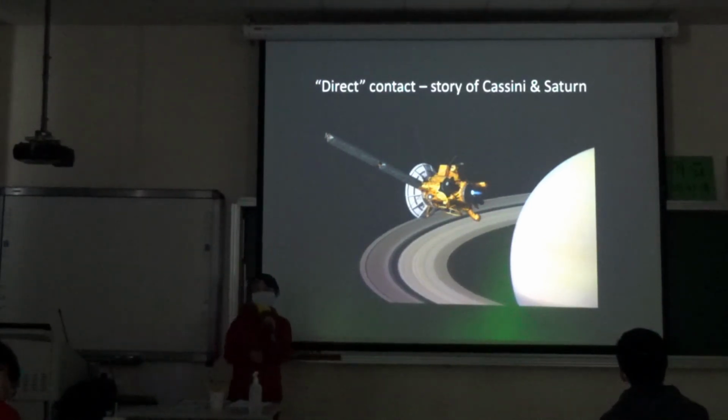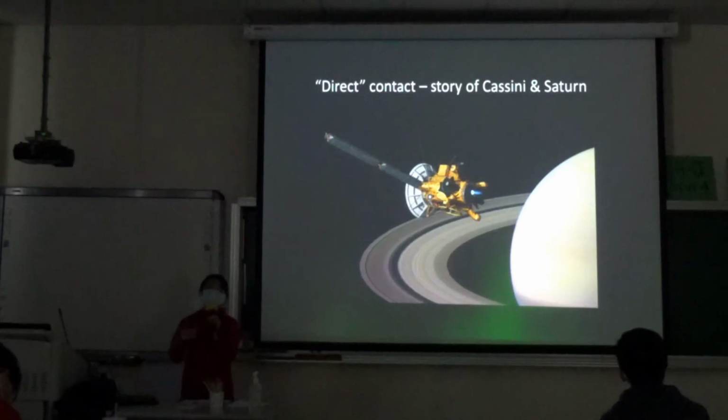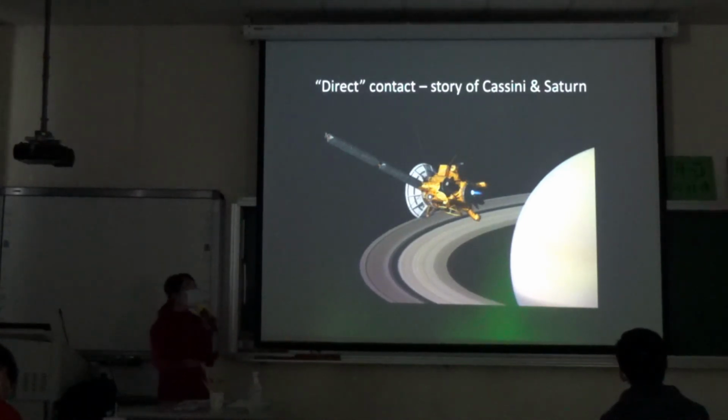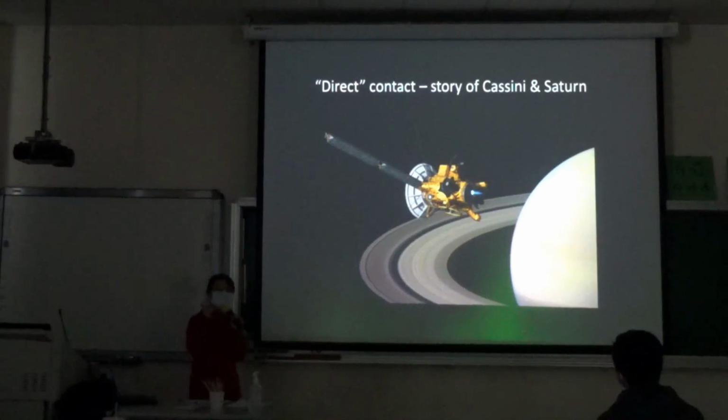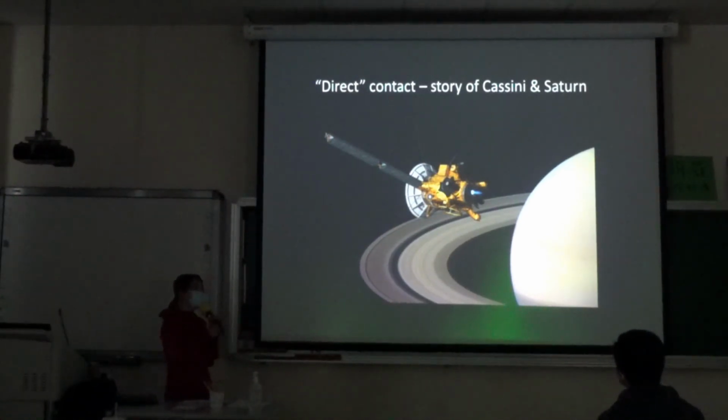In the 21st century, science has already advanced a lot, and in fact, we already have some direct evidence of direct contact by sending spacecraft into space. And today I will show you some footage about Cassini, which is this spacecraft, and its voyage to Saturn.